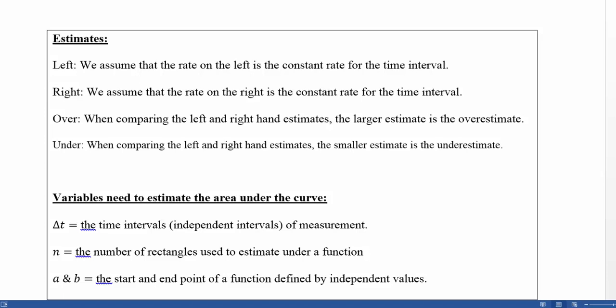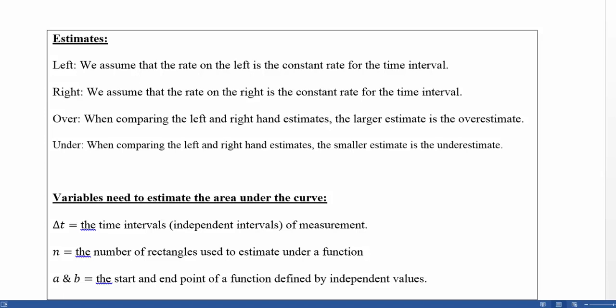The overestimate is going to be the larger number from your left and your right-hand estimates. Your underestimate is going to be the smaller number from your left and right-hand estimates. It's not always the same. So whenever you're talking about over and under estimates, you have to compute both the left and the right and then compare the numbers you get.